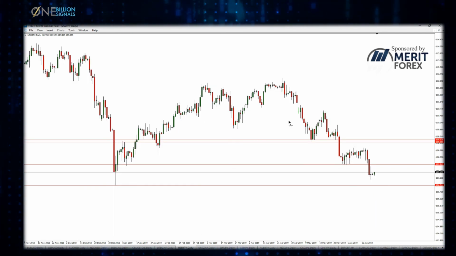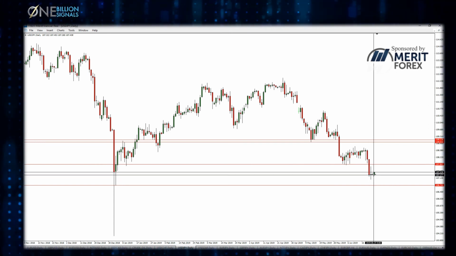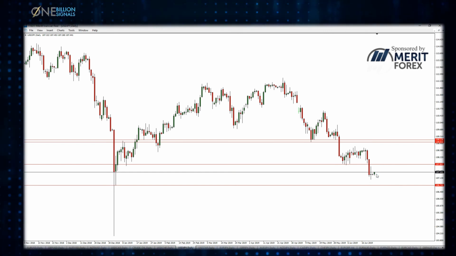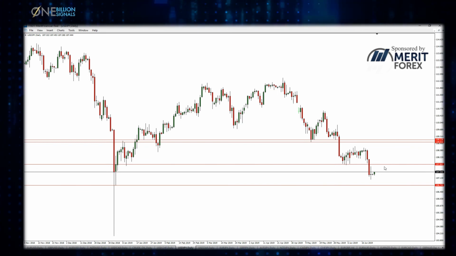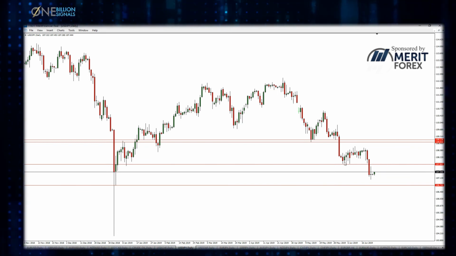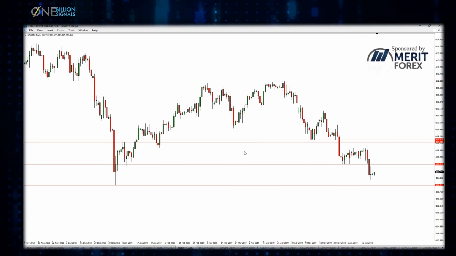GBP Japanese. What do we have? Clear breakout, holding the support, and right now obviously it is trying to recover like USD Swiss franc. 107.84 is our resistance level, and the level that we have to look for short opportunities.